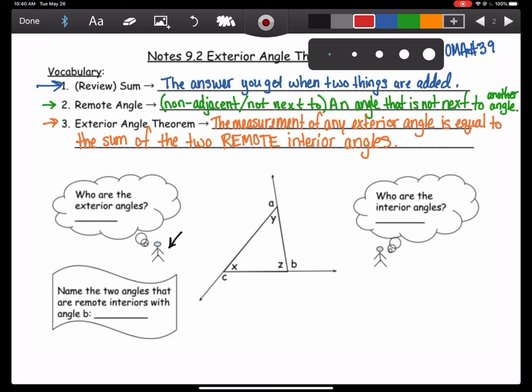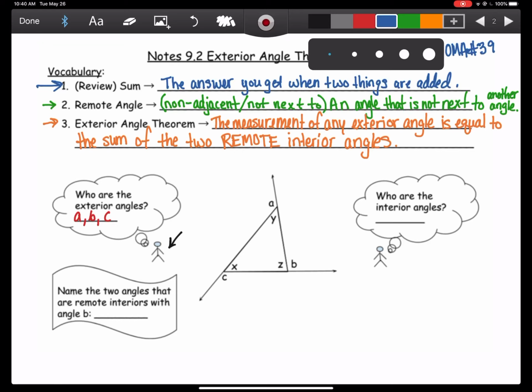Okay, so outside of what? Outside of, in this case, the figure. So ask yourself, who are the exterior angles? Go ahead and take a guess. Hopefully you said A, B, and C. So we're going to write A, B, C. Okay, they're exterior.